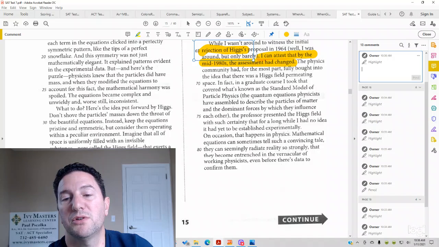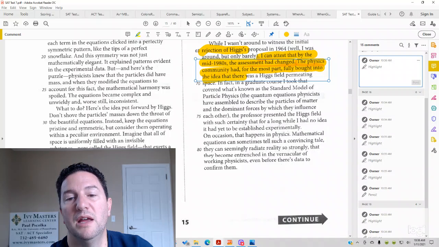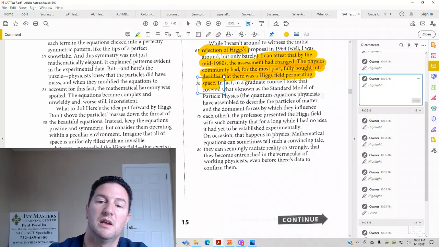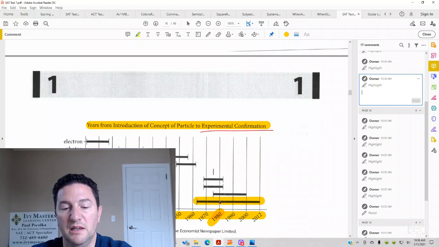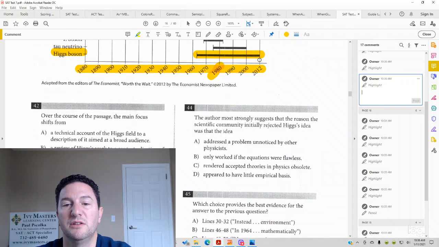It sounds like people started to accept it. The physics community had, for the most part, fully bought into the idea of the Higgs field permeating space. So what we get, 1980s, everyone's bought into the idea. It's already been introduced. Everyone's bought into it, but it has not been confirmed experimentally just yet.